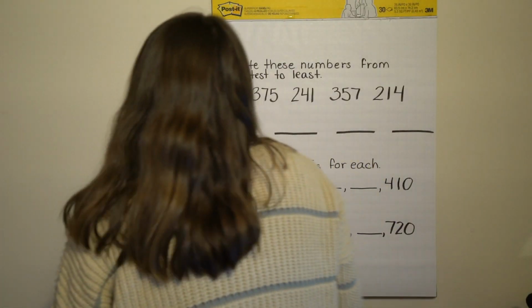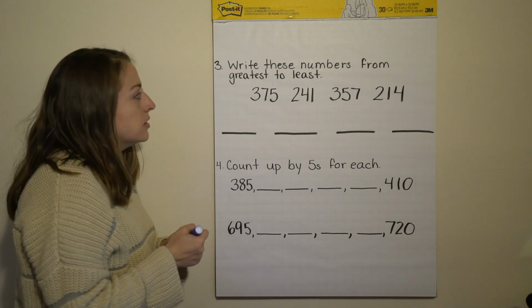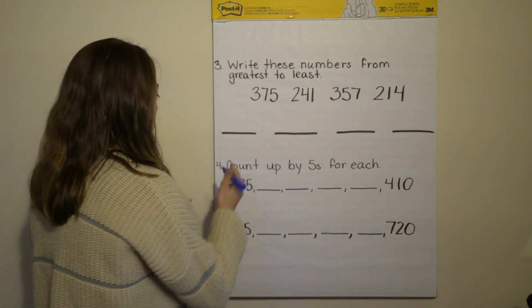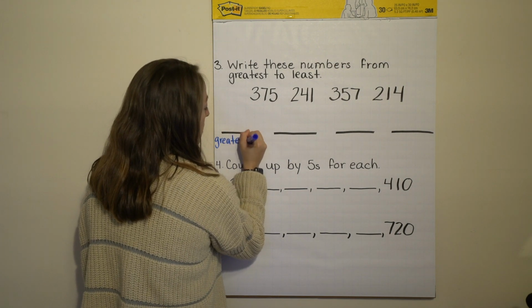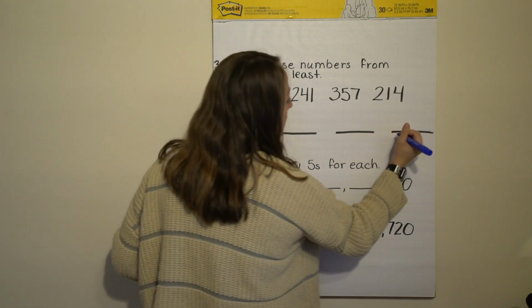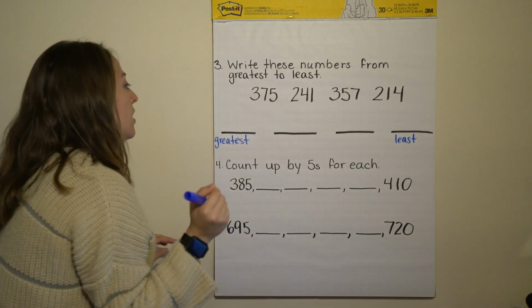All right. It says write these numbers from greatest to least. So something that I like to do is I just like to remind myself that I'm putting the greatest number here and the least number here.